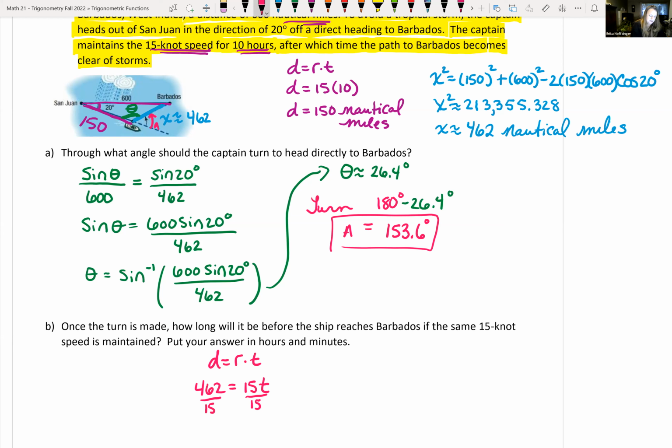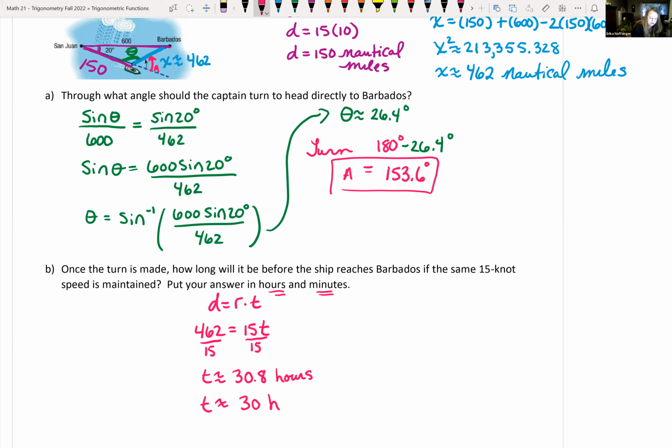It told me I want to put this in hours and minutes. So I have 30 hours. I can figure out the minutes by looking at 0.8 times 60, which is 48 minutes.